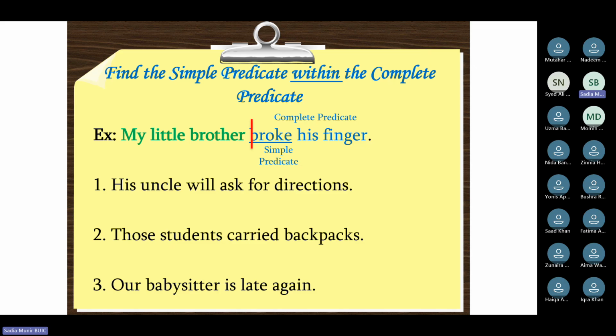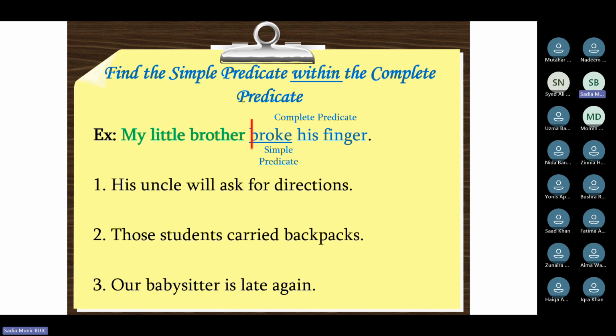और simple predicate क्या होगा इसमें? Will ask for directions में? ठीक है, क्योंकि हमारे पास will जो है वो helping verb है ना, तो ask is going to be the simple verb over here, या simple predicate here.